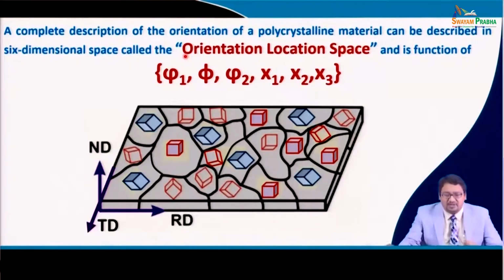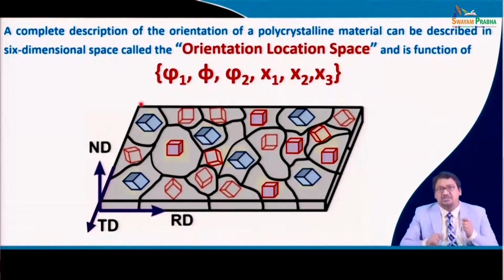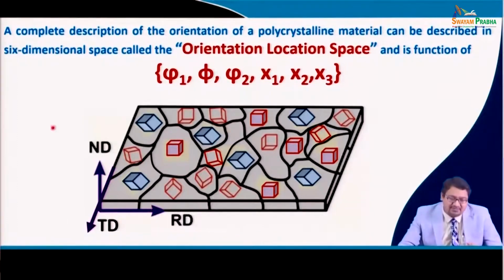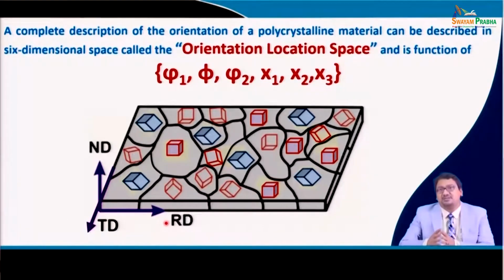So, what do we mean by the orientation location space? Say for example, if we take this particular plate or sheet metal with sample reference direction x as RD, y as TD and z as ND, and say these are the most important sample reference directions.